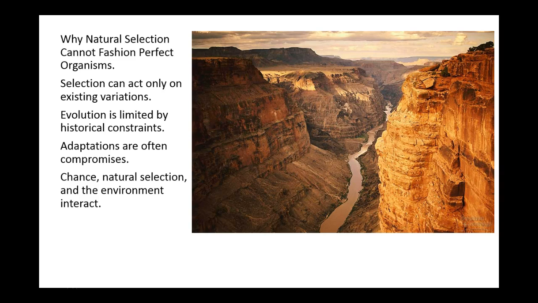And the other thing, it's limited by historical constraints, so by time. So this adaptability, meaning the environment could move along faster than we can genetically reproduce and have generations to adapt for it. You also have compromises, which is one of the more interesting things. You may have adaptations that are great for finding prey, but they're not very great for reproduction.